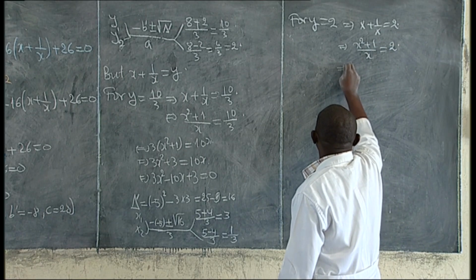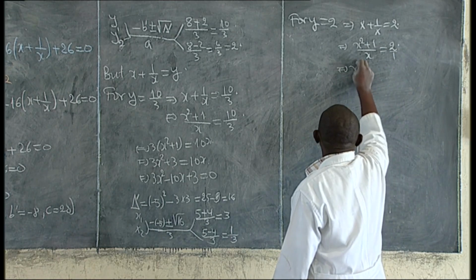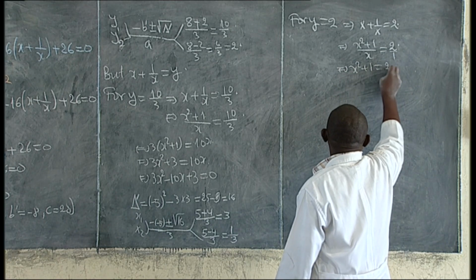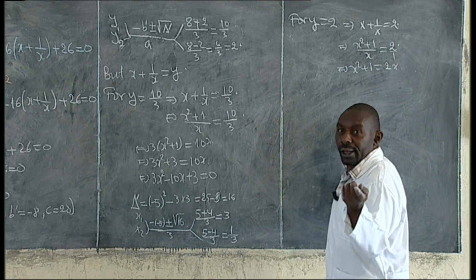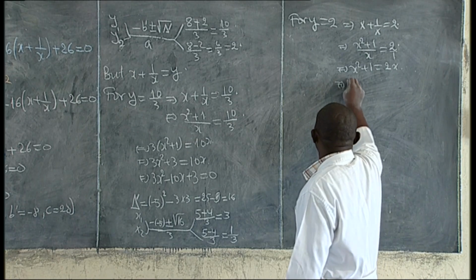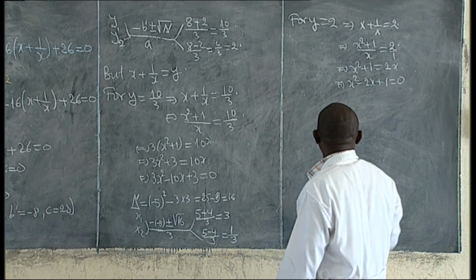So by cross multiplication, x squared plus 1 is equal to 2 times x. Moving these 2x to the left-hand side, I'll be having x squared minus 2x plus 1, which is equal to 0.